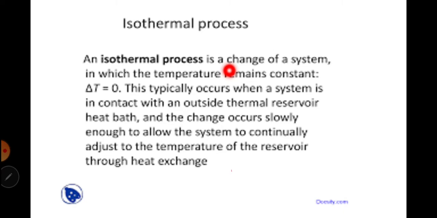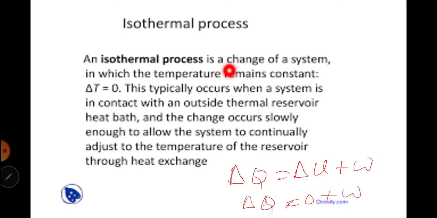So write del Q is equal to del U plus W. So del Q is equal to 0 plus W. Del Q is equal to W. So the heat provided to the system is used to do work.